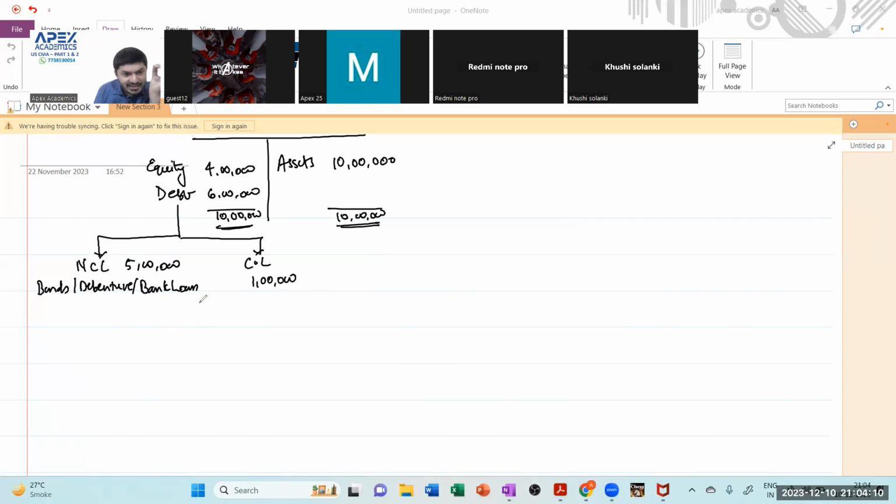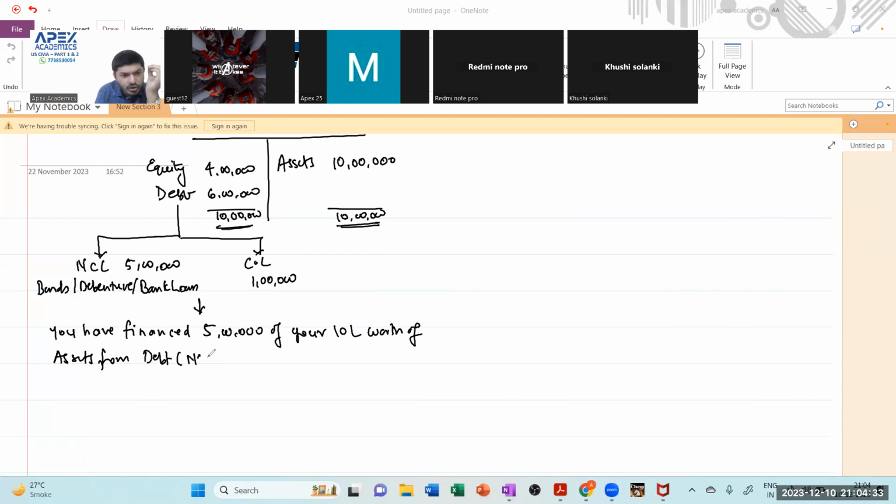Now, can I say in this case that you have financed 5 lakhs of your 10 lakh worth of assets from debt, that too non-current debt?